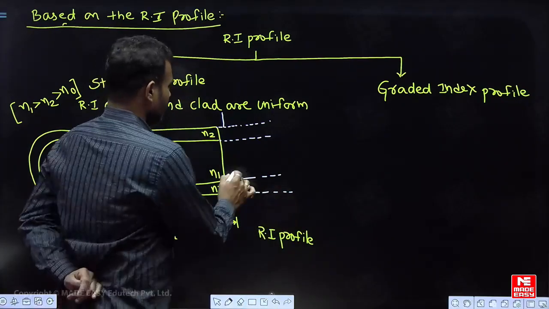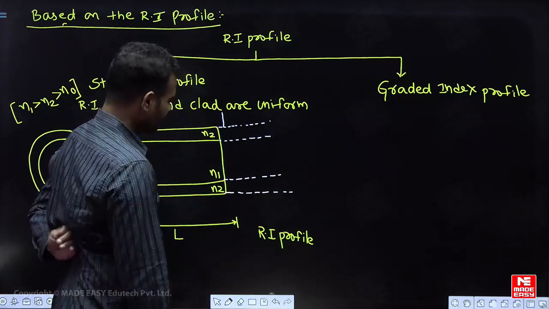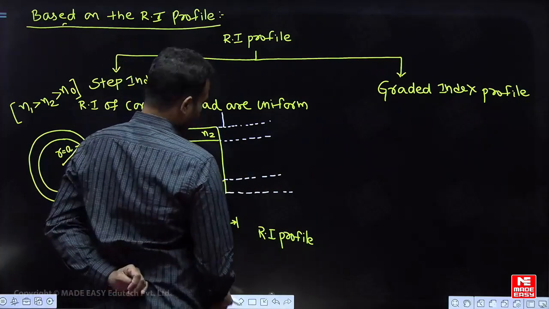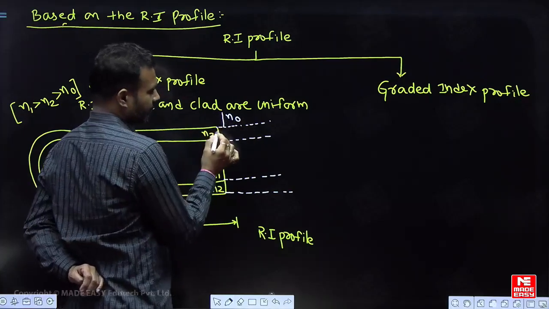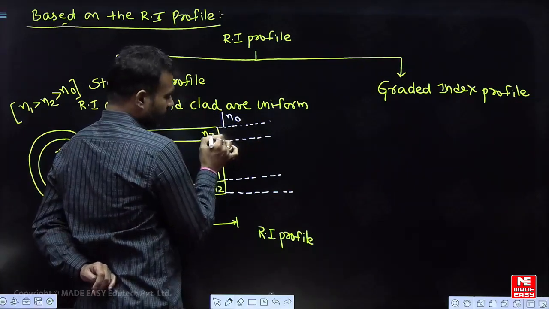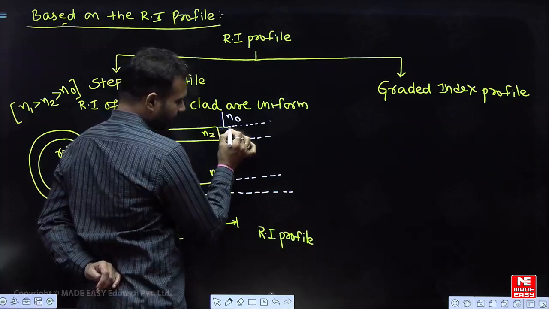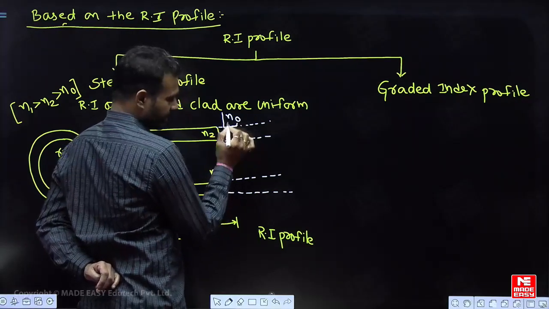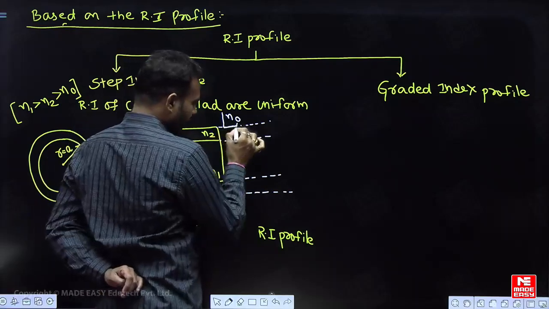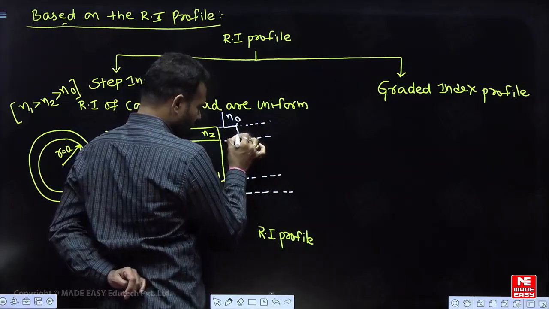Now, this is N0, the refractive index of air. Compared to N0, N2 is greater. See, it is increasing in a step. The width is increased, and N2 is maintained uniform throughout the length of the fiber.